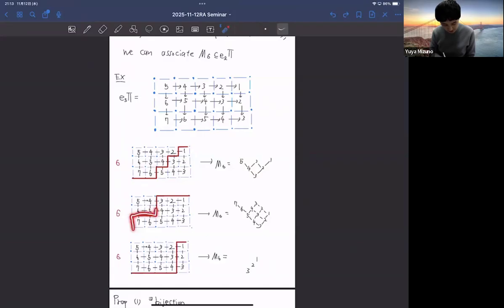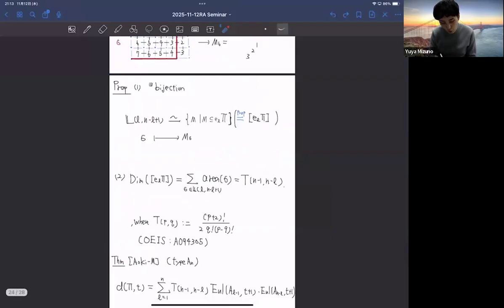For example, in this case, by taking this part, we get this module. And in this case, we get this one. So in this way, for each lattice path, we get an indecomposable module which is tau rigid.